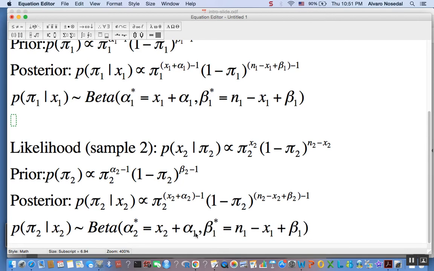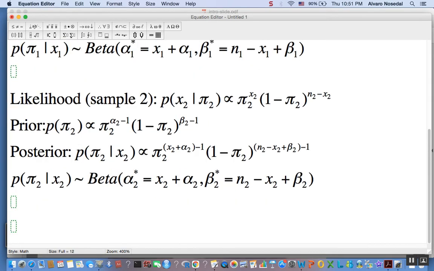Again, we end up with a beta distribution as the posterior for pi2. The updating rule is similar for alpha 2 star and beta 2 star. Okay. So everything is good thus far.